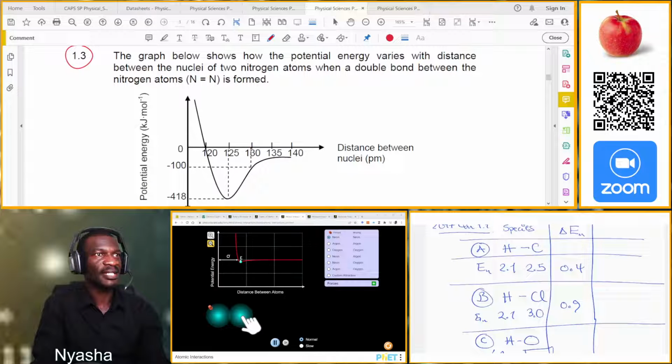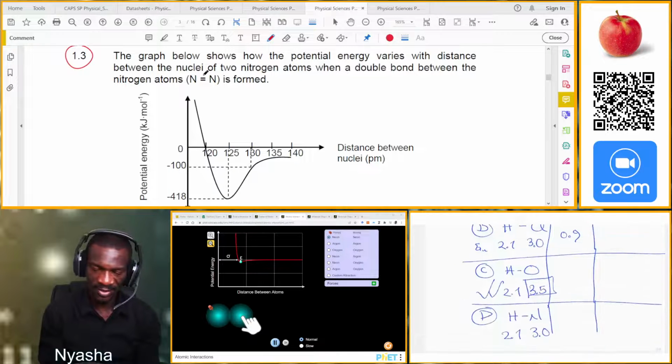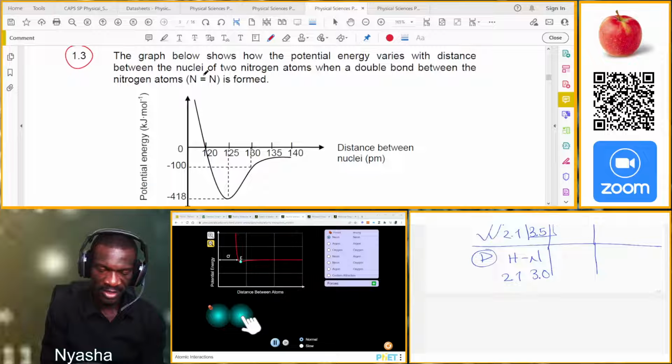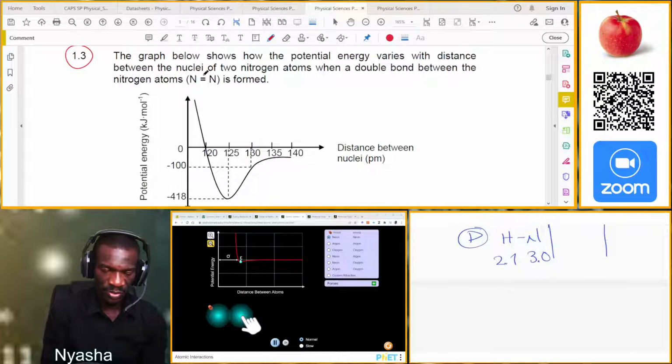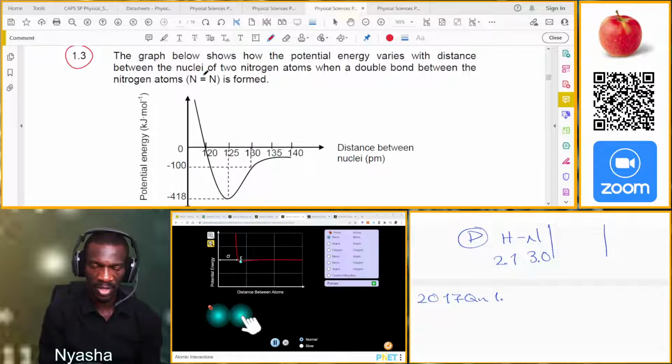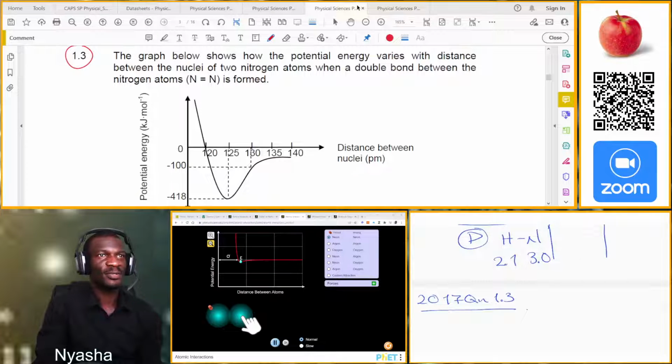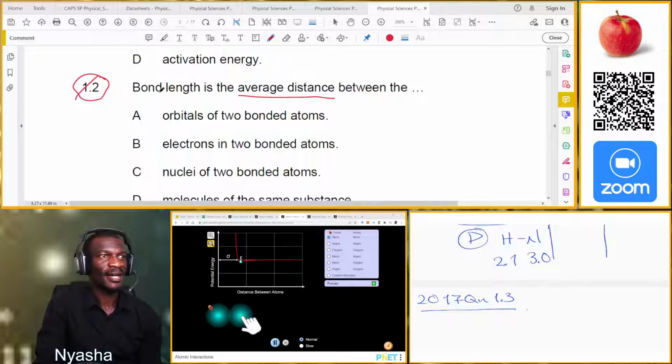Let me just write this question in context so that we know what we are discussing. So this is still 2017, question 1.2, 1.3. This question has to do with bond length.